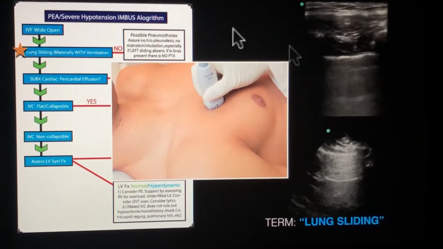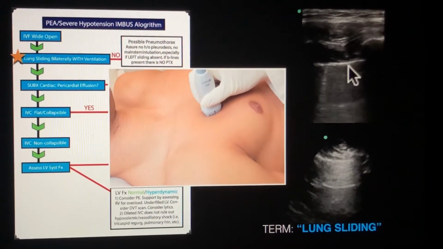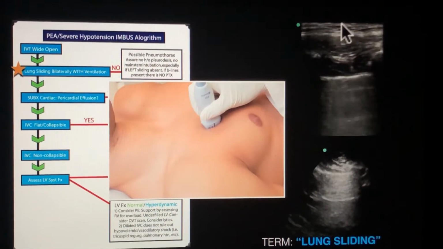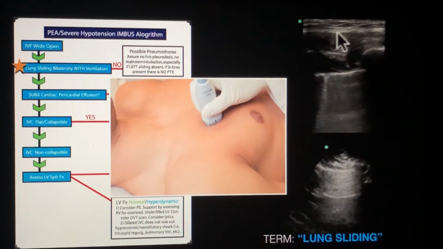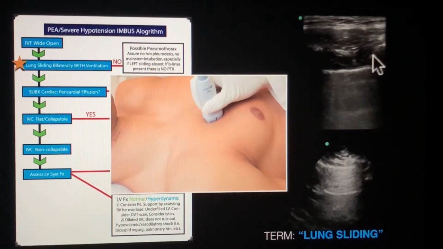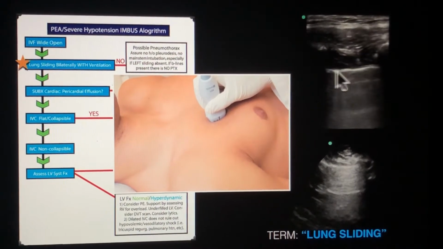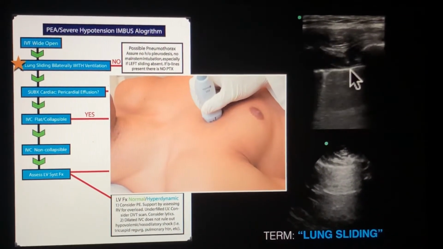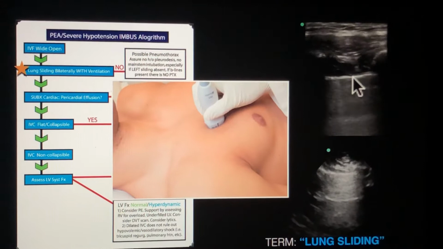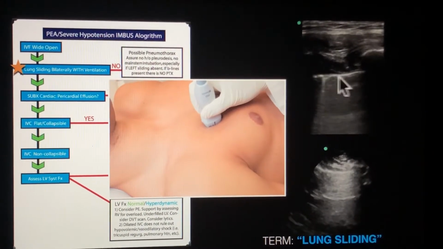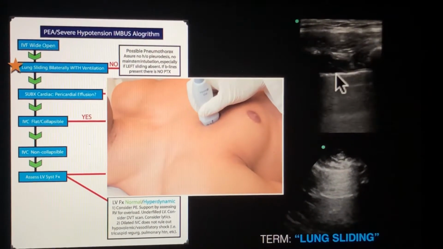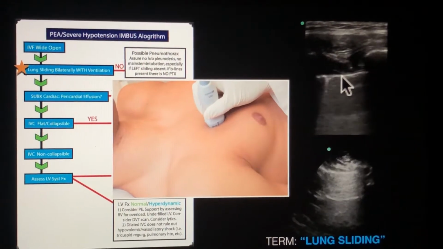The top image here is shown with a high-frequency linear probe. The probe is right here, and this is looking into the chest. This is the chest wall, the muscles. This is a rib, and this is another rib. And then just below the ribs, this bright white line here are the pleural surfaces moving back and forth on each other. That motion back and forth here is called lung sliding.